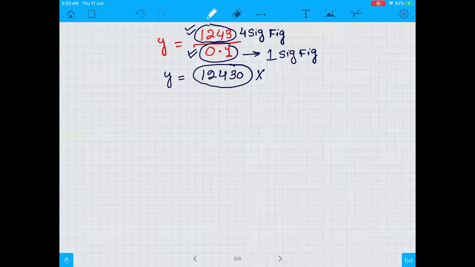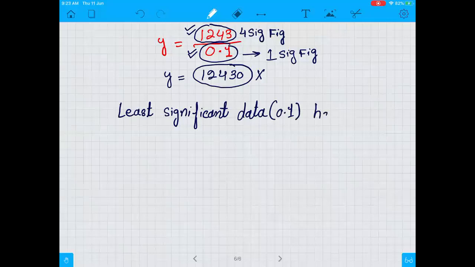Now the least significant data, that is 0.1, has one significant figure.